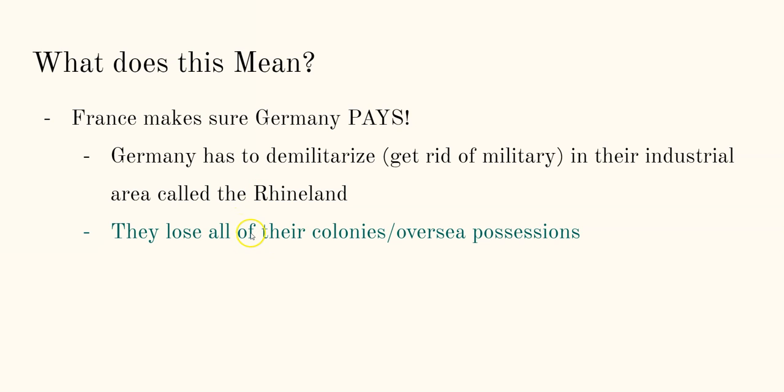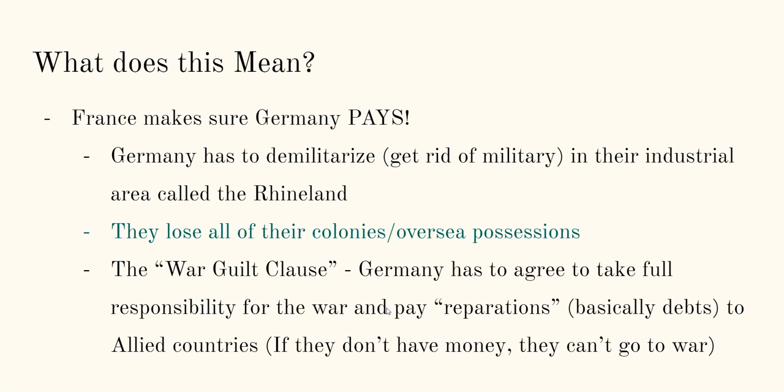And an even more degrading thing now that I think about it than this first point was something that was put into the Treaty of Versailles, the treaty that ended World War I, that was called the War Guilt Clause. With the War Guilt Clause, it was pretty much a statement that Germany had to sign. Germany had to agree to take full responsibility for the war.